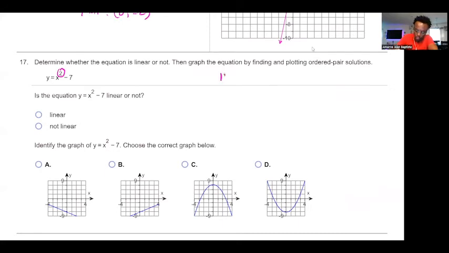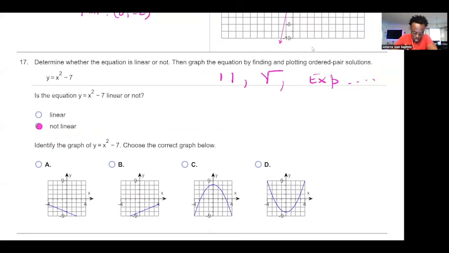Whether it's an absolute value, a radical, an exponent, or any other thing that you may learn in your future math classes, this will make this expression not linear. So this one is not linear.